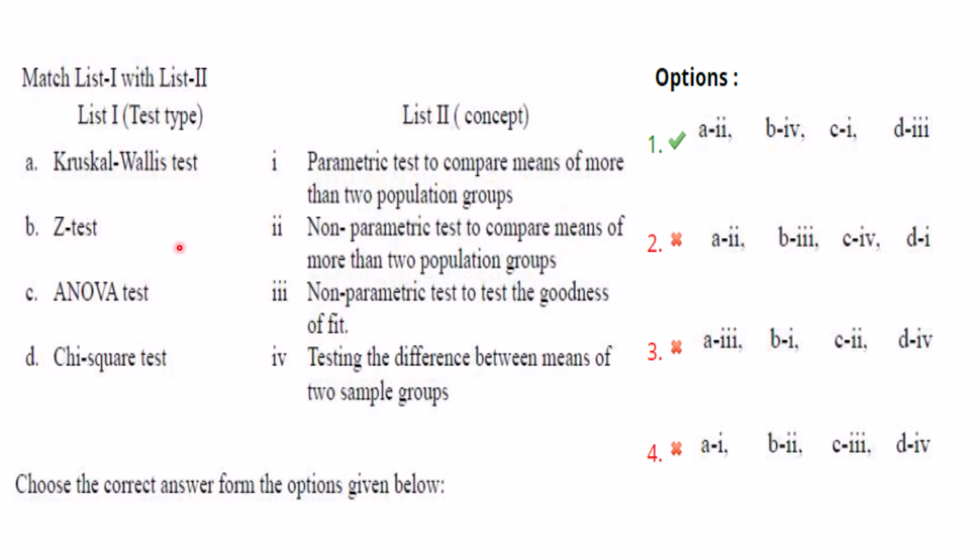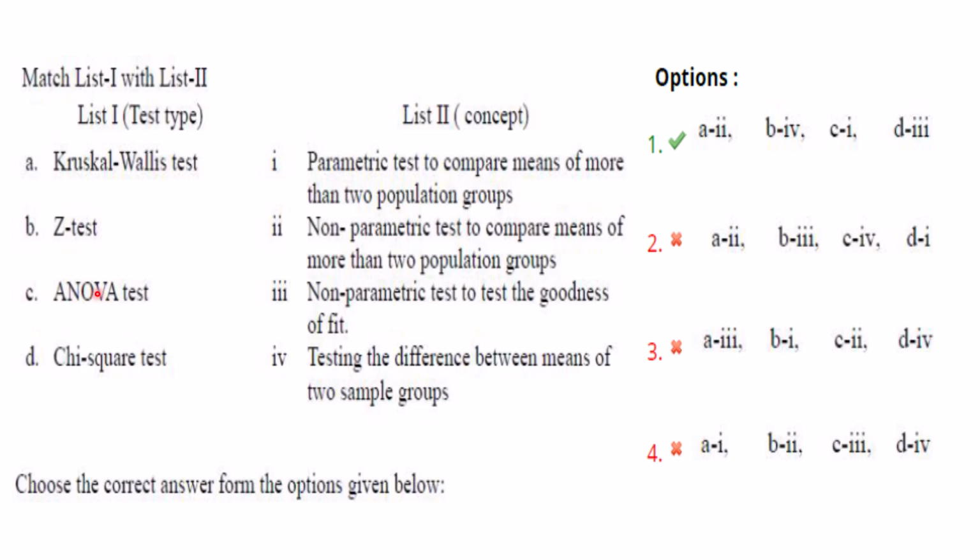Then the next one. Here are the biostatistic terms, or the test types, and you have to match the concept for why they are used. So Kruskal-Wallis test, it is a non-parametric test to compare means of more than two population groups. So A is 2. Then Z test, that is for testing the difference between means of two sample groups.